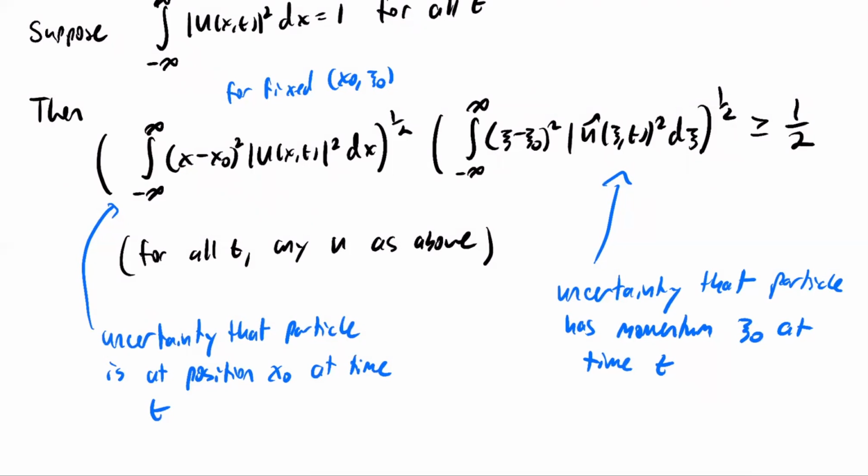So here is the variance for the position, and here's the variance for the momentum. These have the interpretation of uncertainties. For example, if the uncertainty is high, it means we're not sure that the particle will be where we think it should be. Similarly, if the uncertainty over here is large, then the momentum has a high chance of not being where we expect it to be.